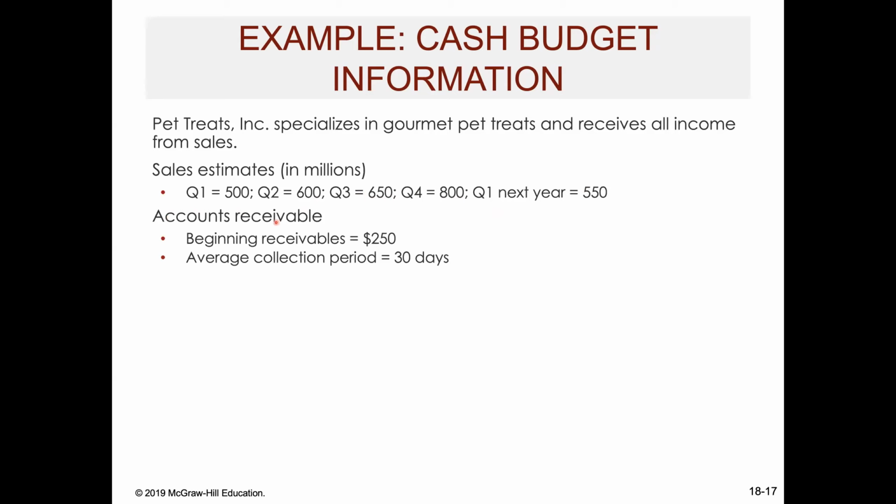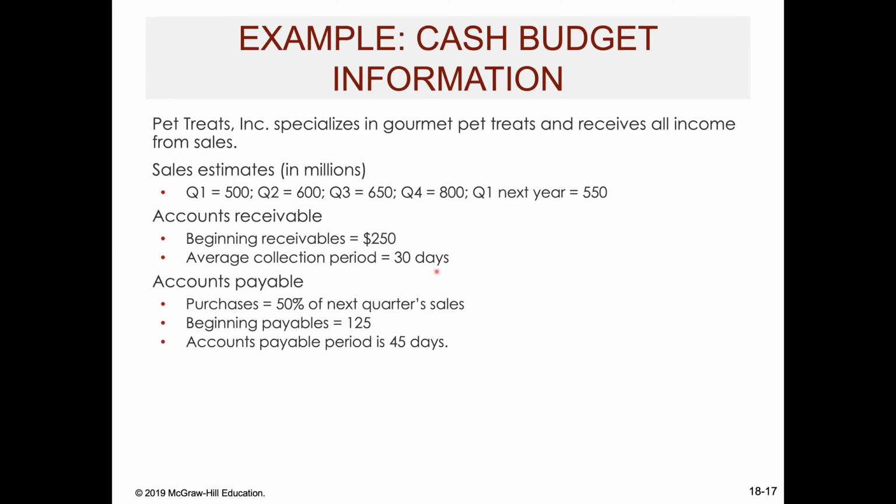Our accounts receivable is currently at 250. Our average collection period is 30 days. Accounts payable, we're going to purchase 50% of next quarter's sales. We have a beginning balance in Q1 of 125, and our accounts payable period is 45 days.